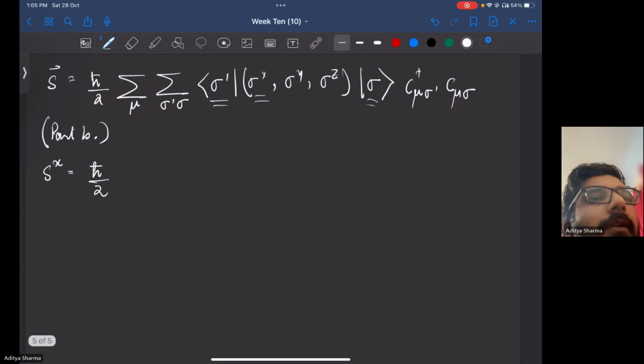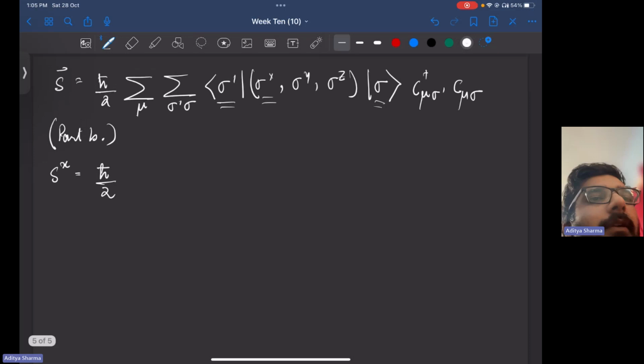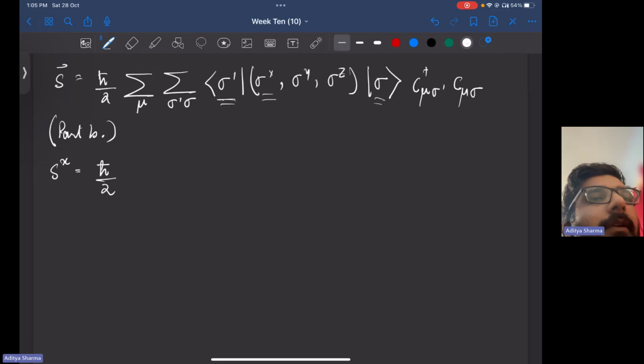If you write these things term by term, let me explain what I mean. You just do this up and down, make a vector like this, and you write the matrix.